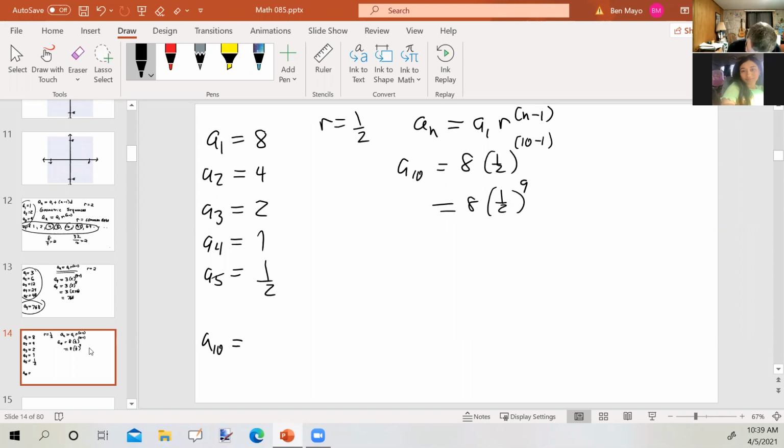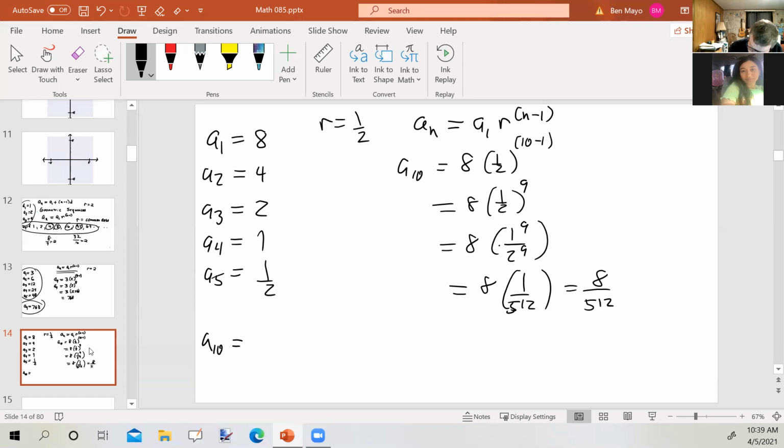Well, we could expand this and say this is 8 times 1 to the 9th power over 2 to the 9th power. 1 to the 9th power is 1. And 2 to the 9th power is 512. Okay, so now I've got 8 over 512.